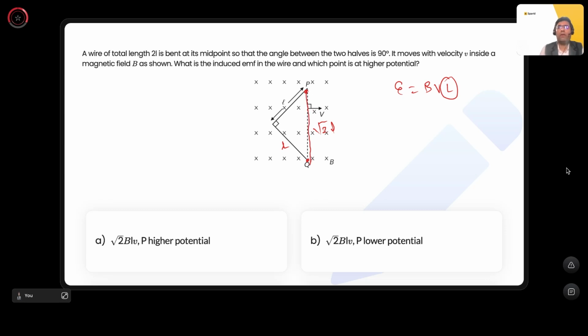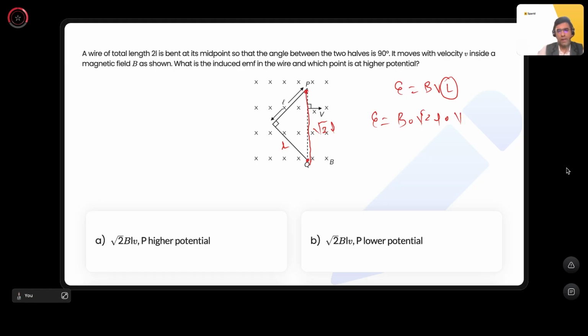Okay, velocity is perpendicular, magnetic field is perpendicular. All three are perpendicular. So E will become B, the value of B is not given, root 2 L into V. All right. And how do we find the direction? We have to use Fleming's right hand rule for the induced EMF direction.